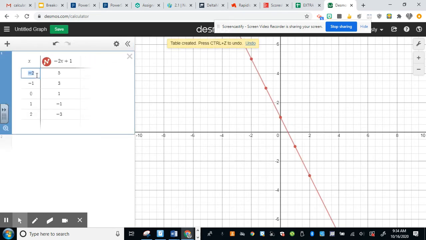So for this table of values, looking back at the worksheet, for the value of negative 2, I should be at 5. So negative 2, I should be at about 5. And then for 0, I should be at about 1. And for 2, I should be at negative 3.